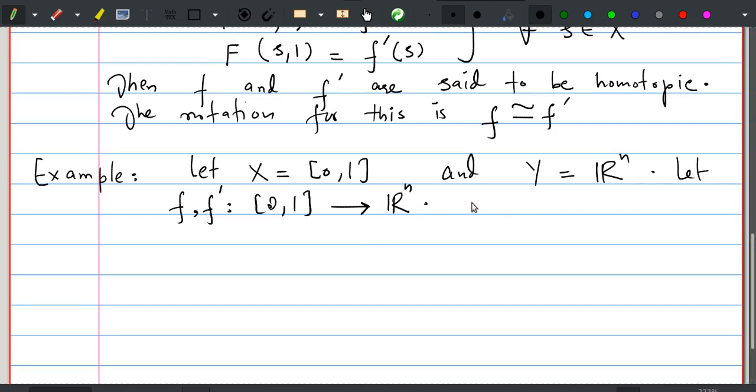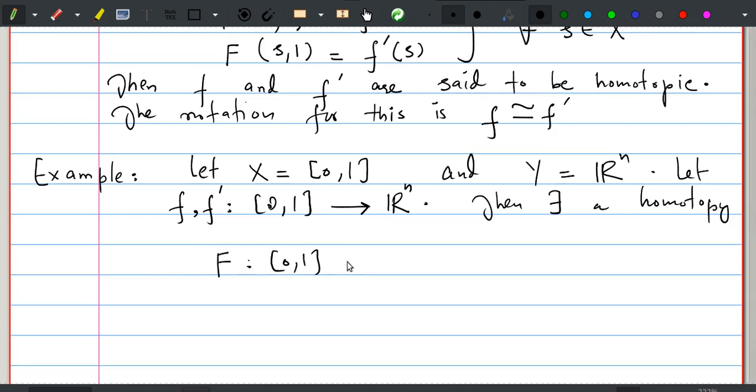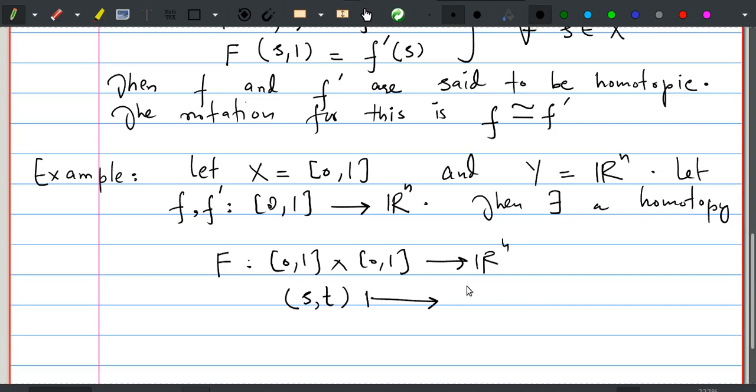Then there is a homotopy F from the space [0,1] times the interval [0,1] to R^n, given as (s,t) goes to (1 minus t) f(s) plus t times f prime(s).